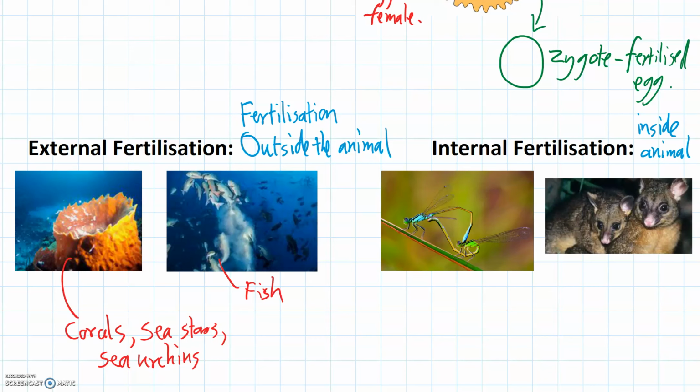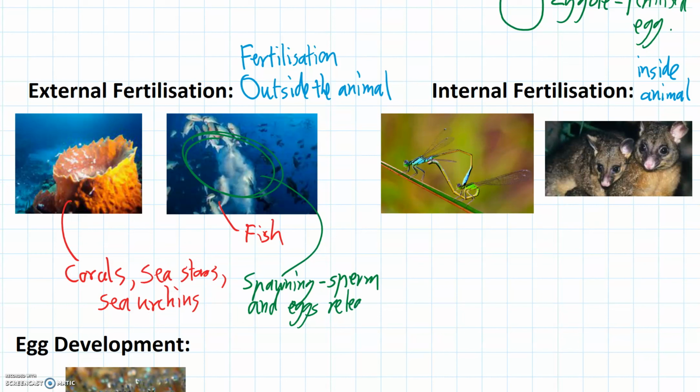In external fertilization, the sperm and the egg are just released into the water. You can see here, the process is called spawning. And here's a whole lot of fish during spawning season, where the sperm and the eggs, millions and millions of cells, are just released out into the water. All those sperm and all those eggs are released into the ocean.